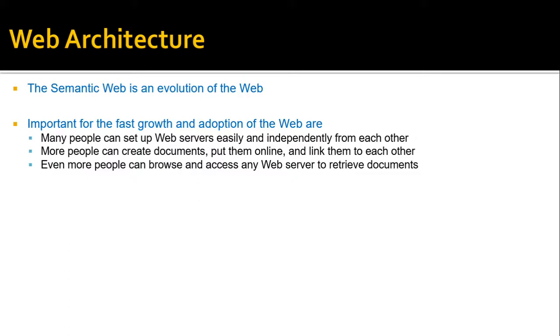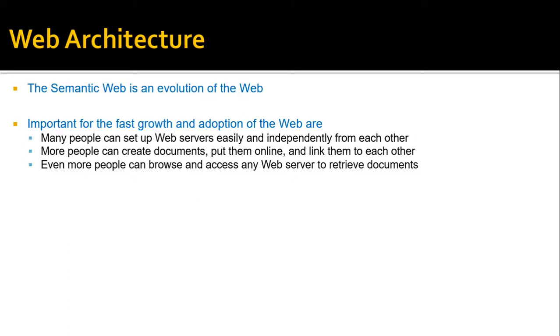So the first policy is that you let people do many things on the web, right? The first thing one can do is easily set up a web server and connect that web server to the internet, right? There are many people who can do that.